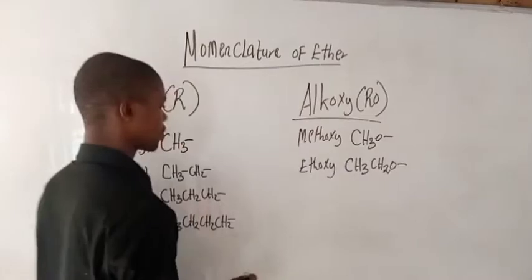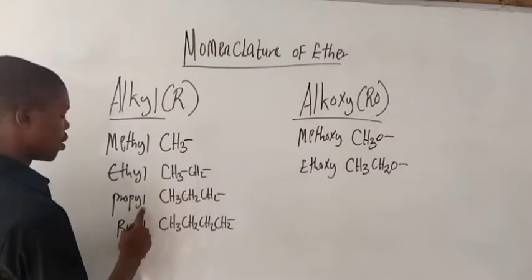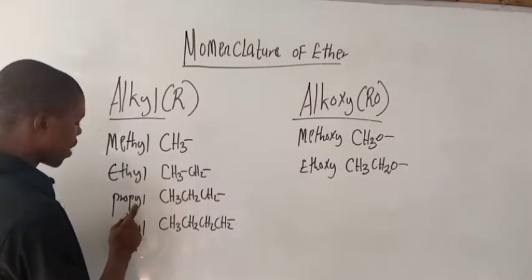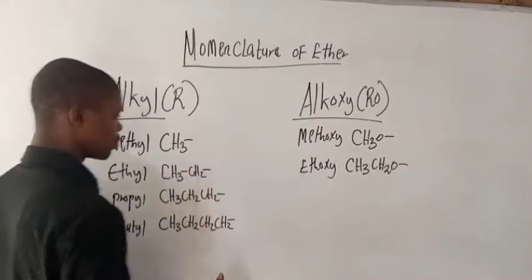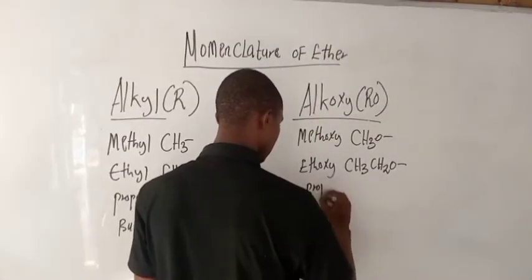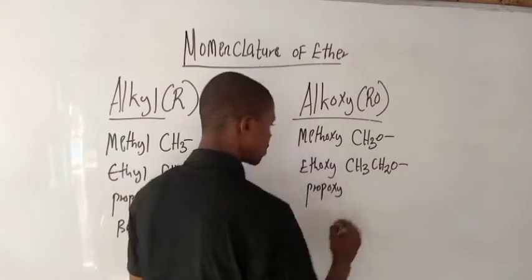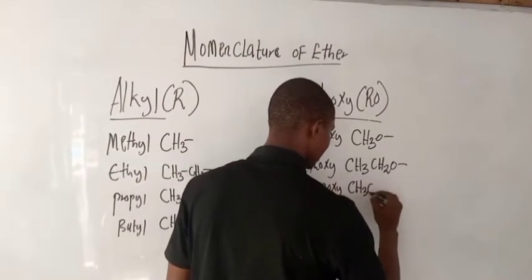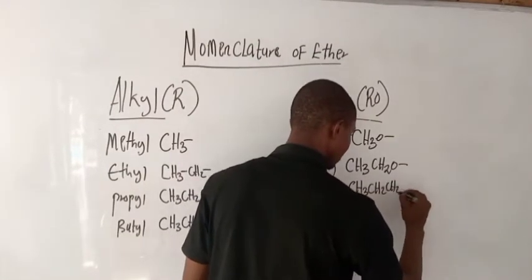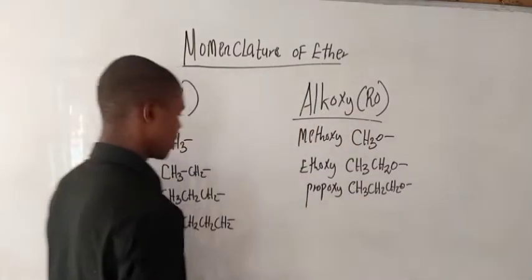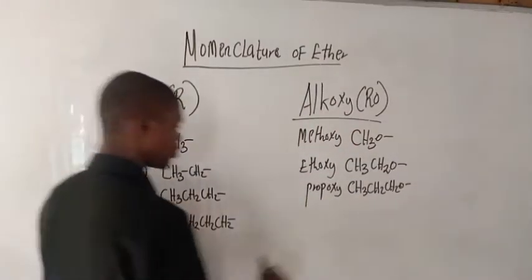You get? Next is propyl. Remove this YL and change to OXY, so we get propoxy. So we now go CH3, CH2, CH2, and then O. The last one is called butoxy.